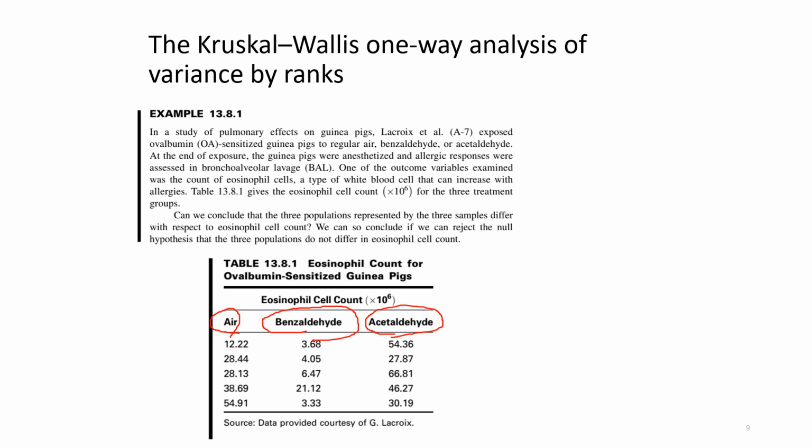They exposed ovalbumin-sensitized guinea pigs to regular air, benzaldehyde, or acetaldehyde. At the end of the exposure, the guinea pigs were anesthetized and allergic responses were assessed in bronchoalveolar lavage, BAL. One of the outcome variables examined was the count of eosinophil cells, a type of white blood cell that can increase with allergies.